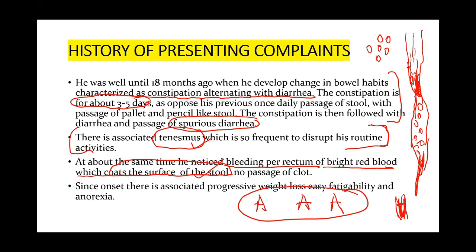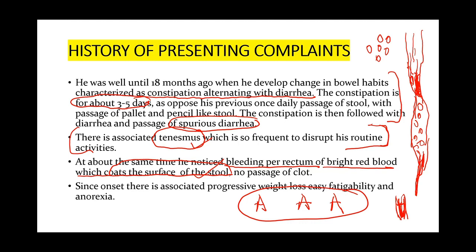So, if you look at this presentation, this patient has change in bowel habits, diarrhea alternating with constipation, which signifies that there is a mass in his colon. We now localized it, as he has tenesmus. We further localize that this mass is in the rectum, and it is bleeding.